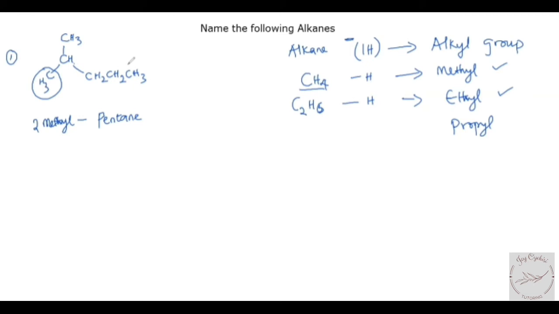Now, if we had numbered from here, there's 1, 2, 3, 4, and 5, it would have given the attached group a higher number compared to when we go this way. So in organic chemistry, when you are naming, you have to assign the lower number to the attached group. So you count in a way that you assign the lower number to the attached group. Okay, so let's go to the second example.